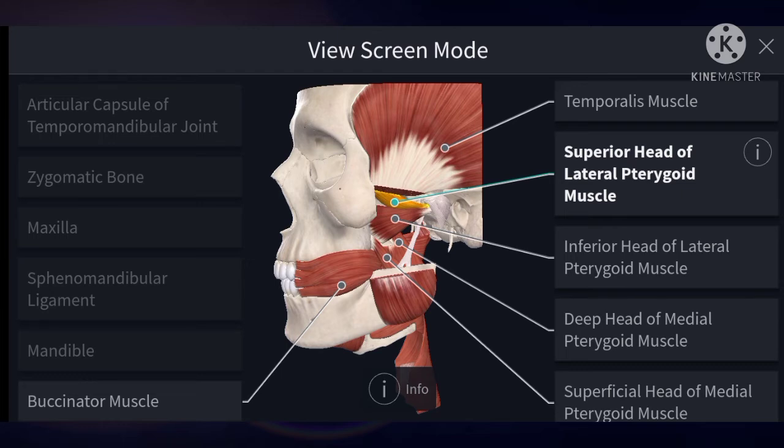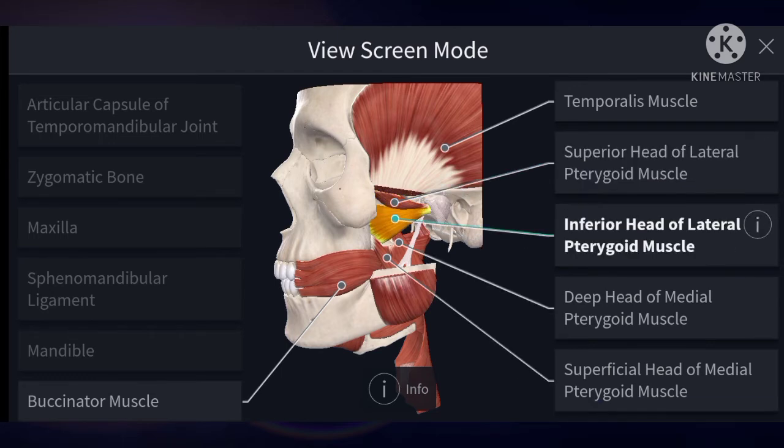And now we will talk about the inferior head of the lateral pterygoid muscle. As you can see here clearly, this is the inferior head of the lateral pterygoid muscle, and it arises from the lateral surface of the lateral pterygoid plate, and the origin is medial to the insertion.